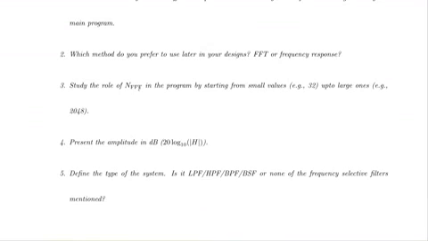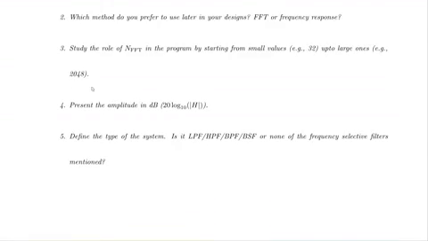Next question. Study the role of NFFT in the program by starting from small values up to large ones, say 32 up to 2048, or any power of 2, and make a report about it. You should have a discussion.